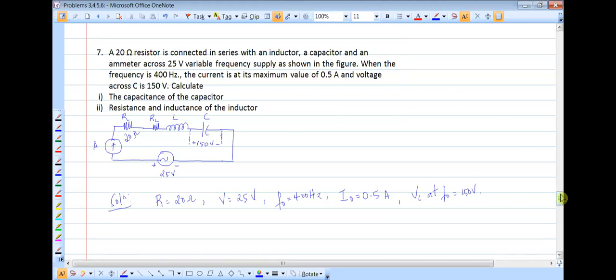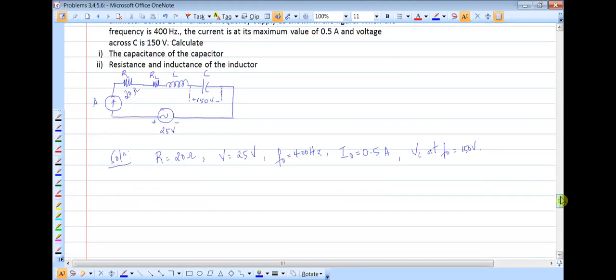What is the voltage across a capacitor given as? Voltage is given by V equal to IR. When we are talking about VC, we should talk about I into XC. Since it is the voltage across the capacitor at resonance, it is I naught into XC.